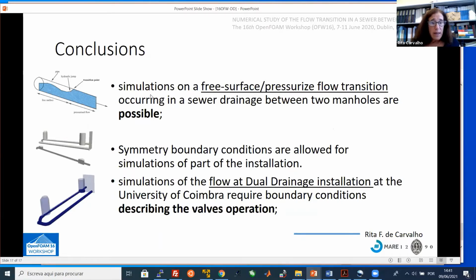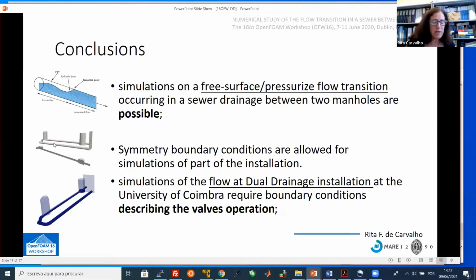I think that the preliminary simulation shows that it's possible to simulate the transition from free surface to pressurized flow. We can have some simplification that could be good.